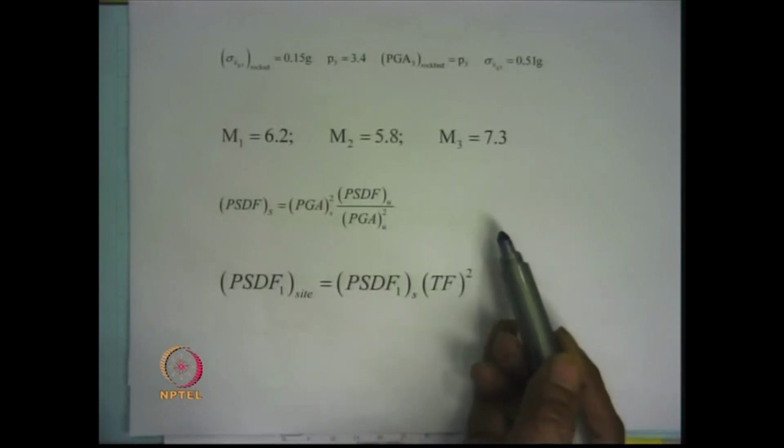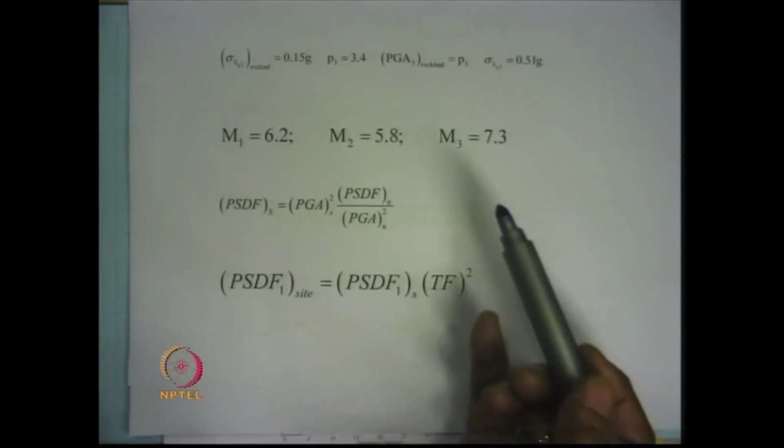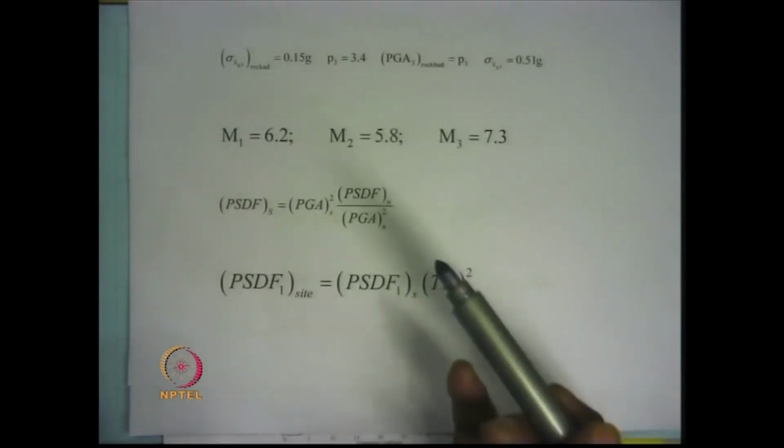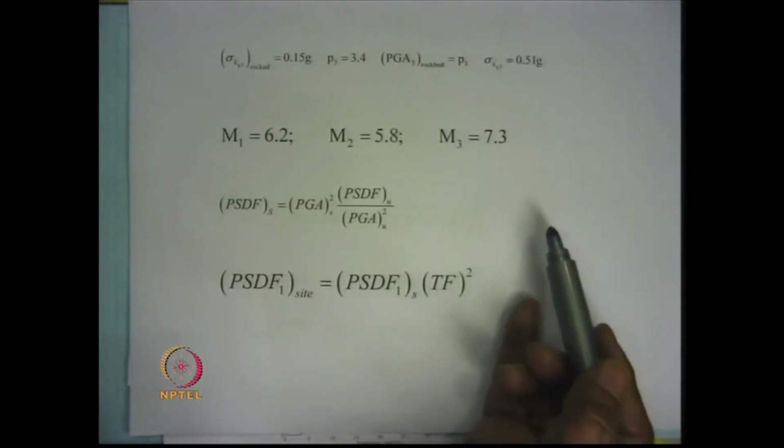Similarly, for location 2 and 3, we can get a modified power spectral density function, which will be valid for that particular site in question at the rock bed level.